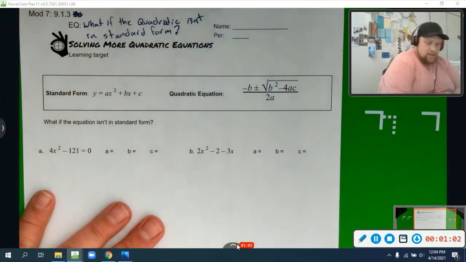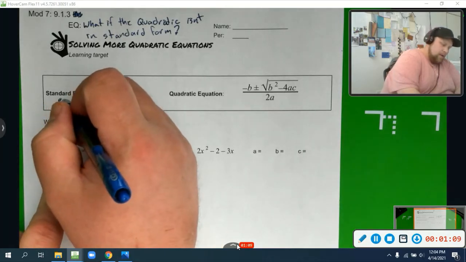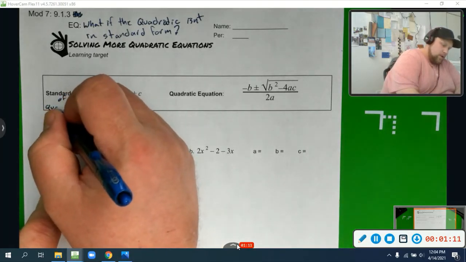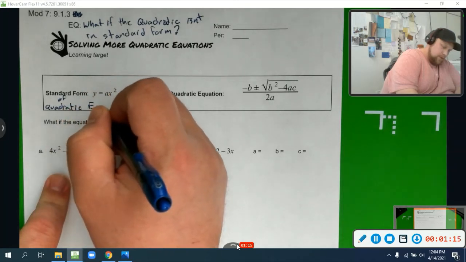And what are we talking about today? Solving more quadratic equations. I know I have standard form written here, but I want you to write "of quadratic equations." For equations, I just put EQ.